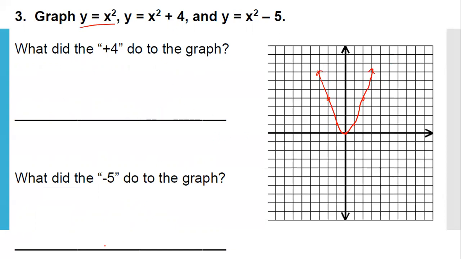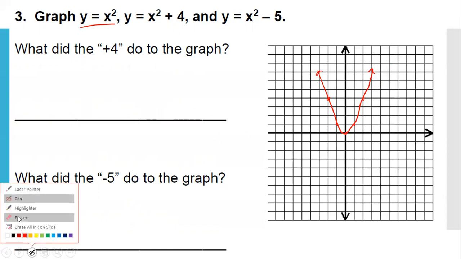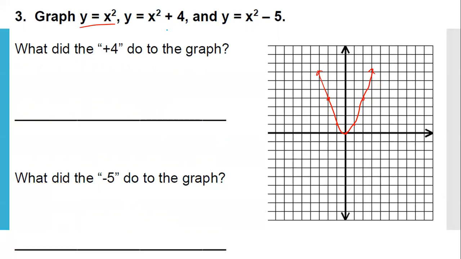X squared plus 4. Let's talk about this plus 4. Is it having any effect on our x values? No, it's affecting our y values. So this plus 4 is affecting our y values. Basically it's saying if you had y equals 0 squared plus 4, what is it going to cause the value of 0 to do? Go up 4, right?